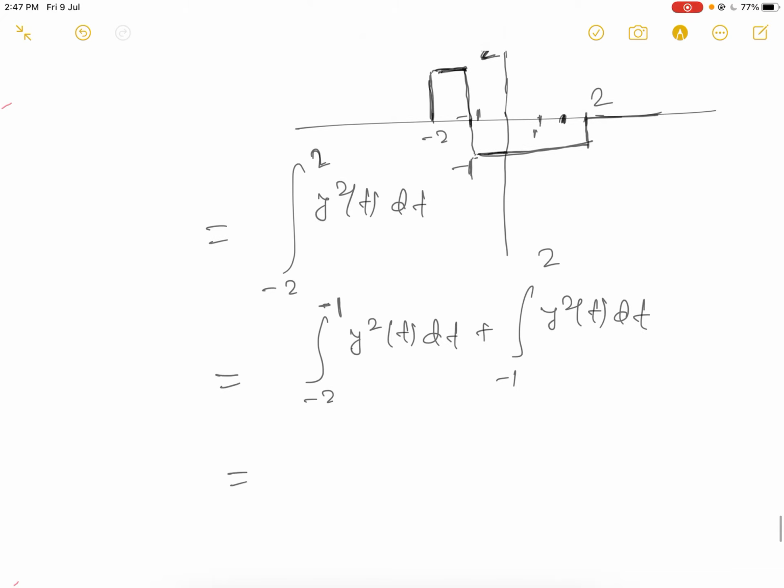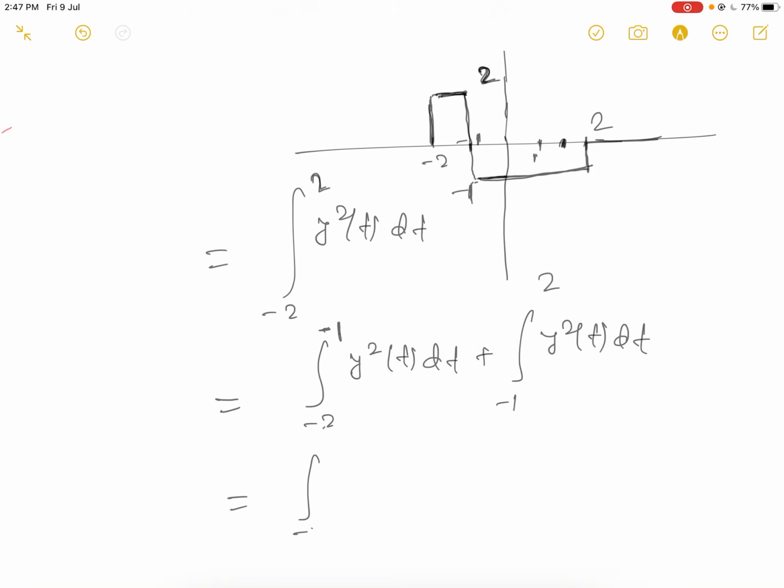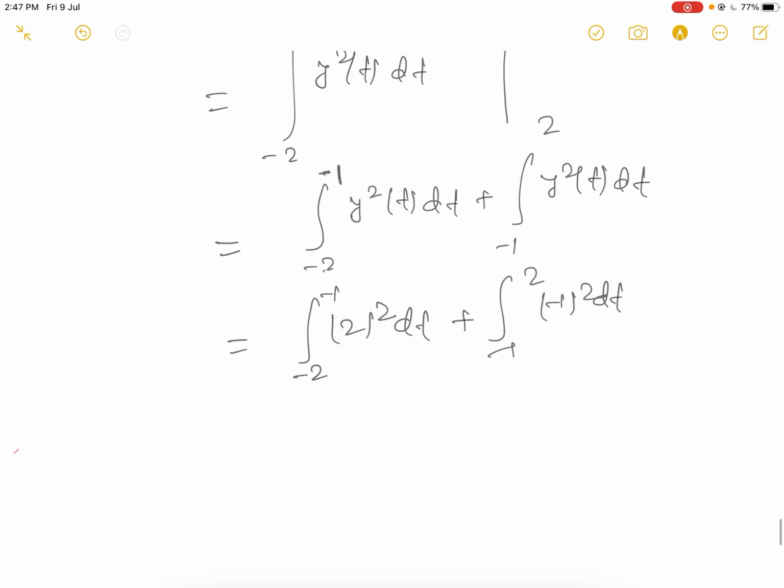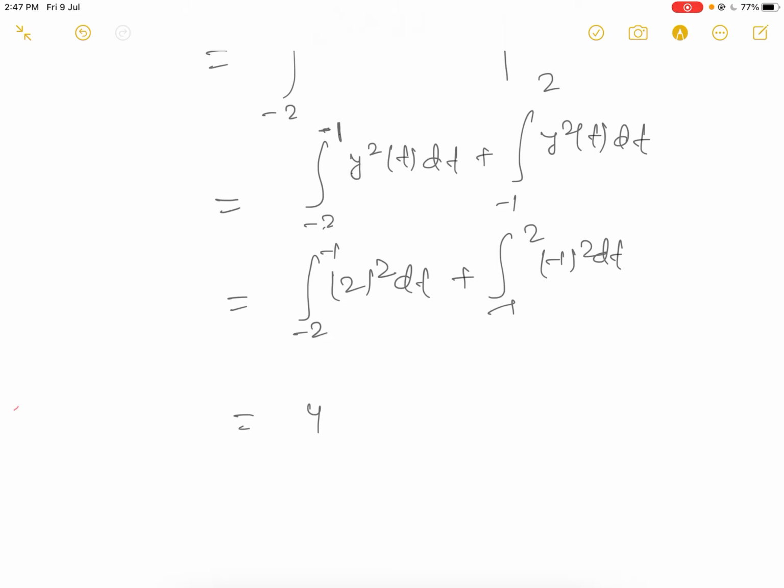From -2 to -1 it has magnitude 2, so the integral of 2 square dt, plus from -1 to 2 it has magnitude -1, so the integral of (-1) square dt. Integrating the constant terms, we get 4t over the limit -2 to -1, plus t over the limit -1 to 2.